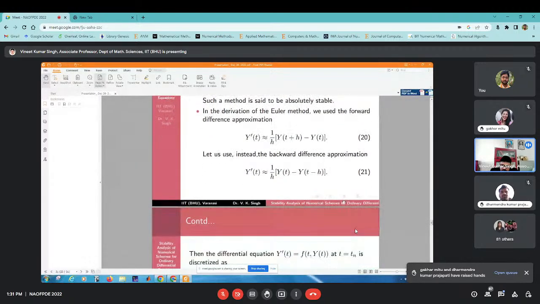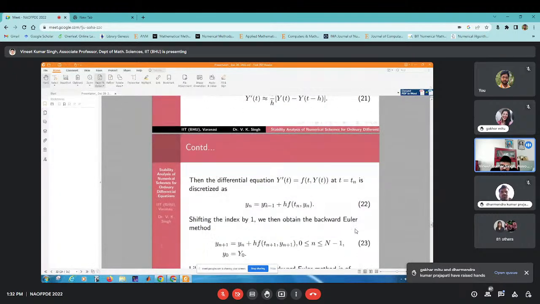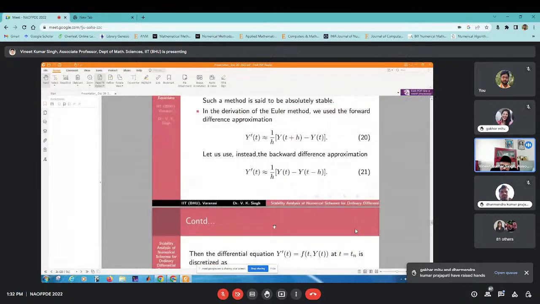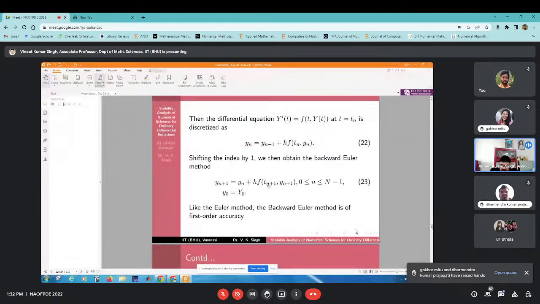Now we're going to check what would be the behavior of the numerical solution when you use equation number 21. We are getting the backward Euler method for the same proposed model, like this.